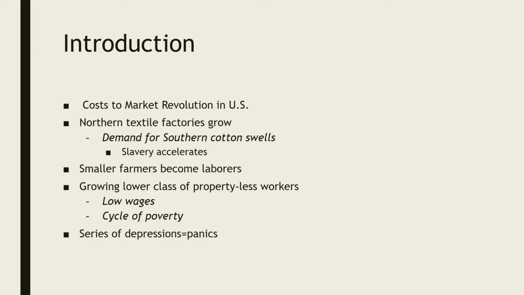And they can supply this ready stash of cotton for these northern factories. And so because of that, the use of slaves is going to accelerate as well. So again, we see that the Industrial Revolution is not just affecting northern factory-driven cities. It's also affecting the South as well.